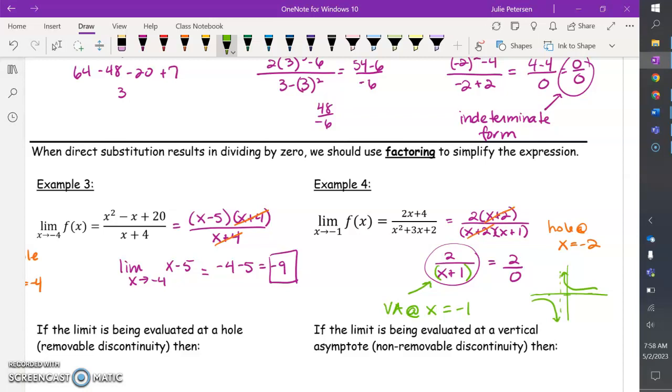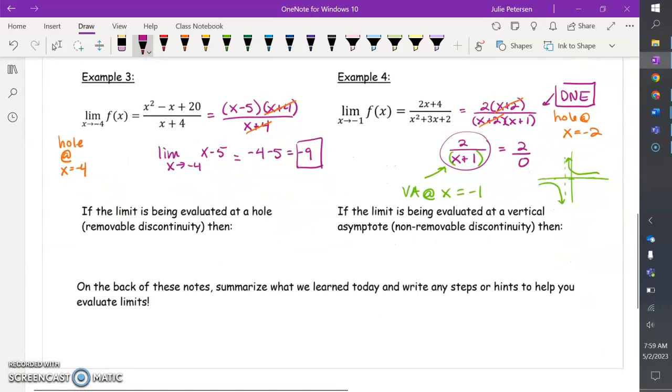Anytime we're evaluating a limit at a vertical asymptote, we're going to either be approaching positive infinity or negative infinity, which means that the limit does not exist. So when we have this happen, we would say that this limit does not exist because it's being evaluated at a vertical asymptote.